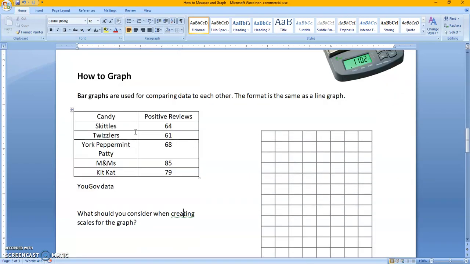Bar graphs are used whenever you're trying to compare data. So, for instance, in a lab where I have an unknown substance and I'm trying to compare it to other densities to see what the identity is, that would be the perfect time for a bar graph because I'm comparing densities, all right?